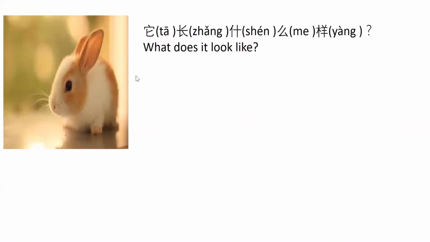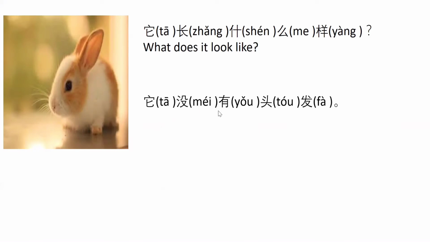You can also describe animals' appearance. 它长什么样? What does it look like? It's a very cute rabbit. First one, 它没有头发. So it doesn't have hair. Right? It doesn't have hair on its head.